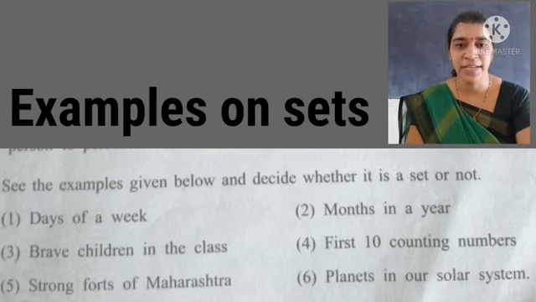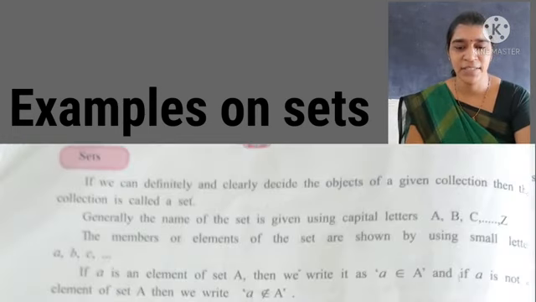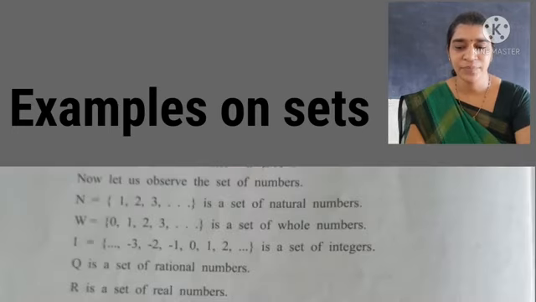We write sets by capital letters A, B, C, D up to Z, and elements in the set we write by small letters a, b, c up to z. Then see, I have given some examples here.